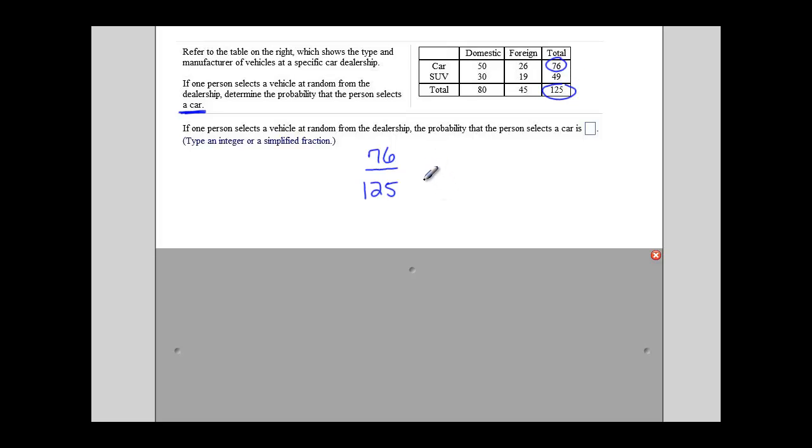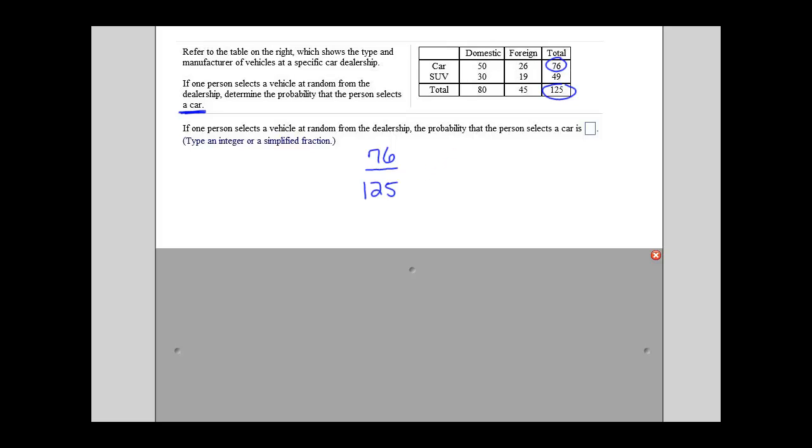Then we can check to see if there's a common factor between 76 and 125. If you're not certain, nothing really jumps out immediately because both of them are not even. This has a factor of 5, but 76 does not.